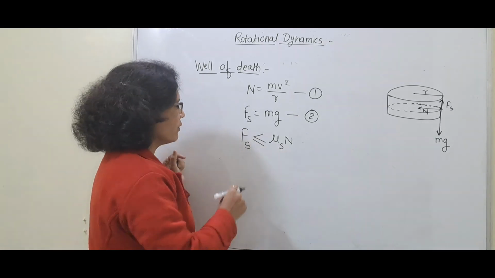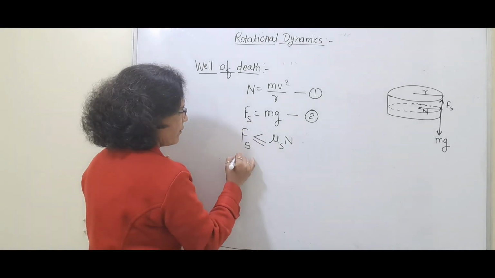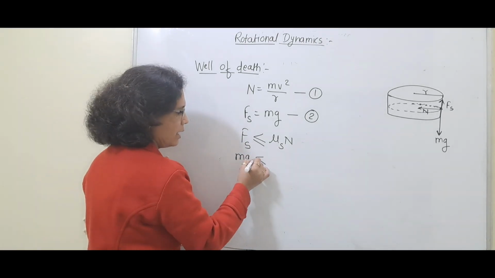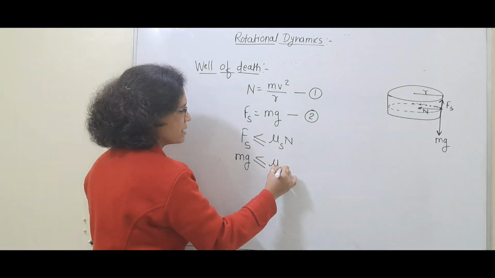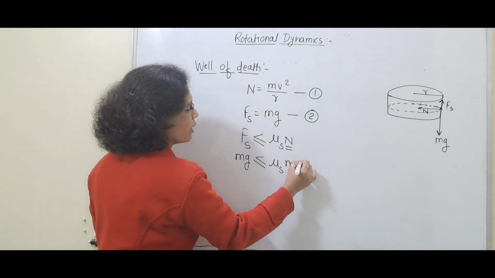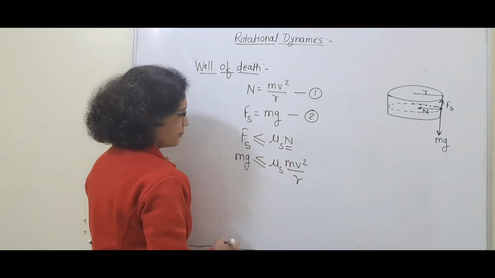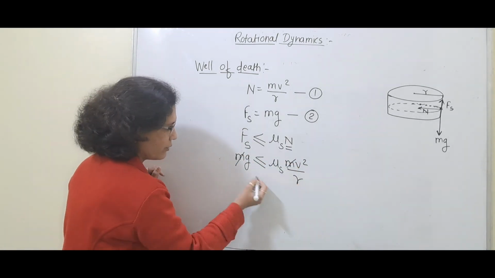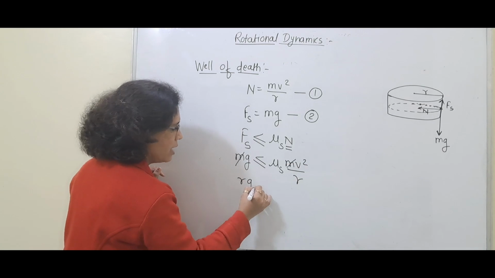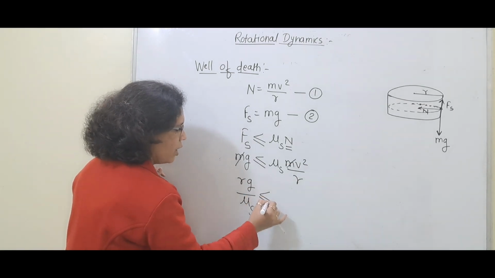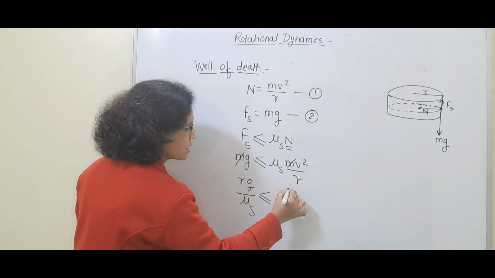Now we know all the values. What is Fs here? Fs is nothing but the weight force mg, which is less than or equal to mu s as it is. And what is N here? N is nothing but mv square upon r. m gets cancelled. What will remain here? r will come towards the left side: rg upon mu s is less than or equal to v square.